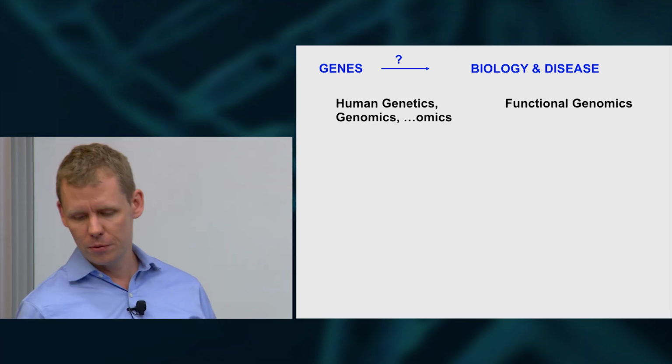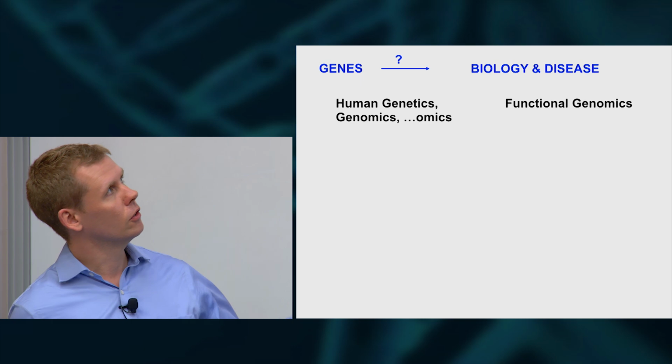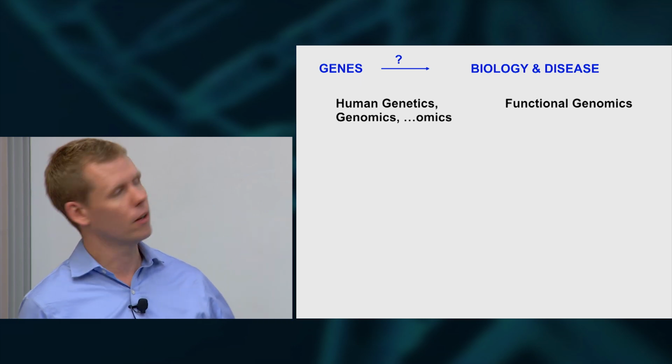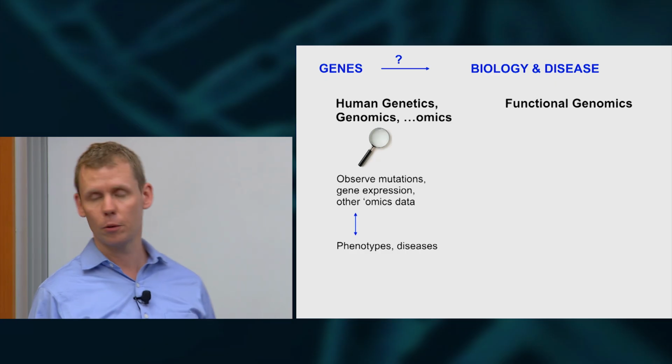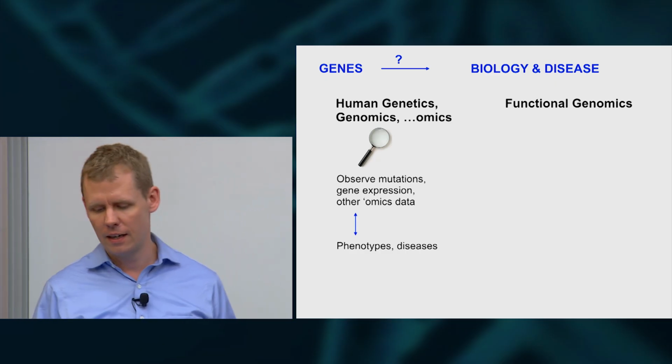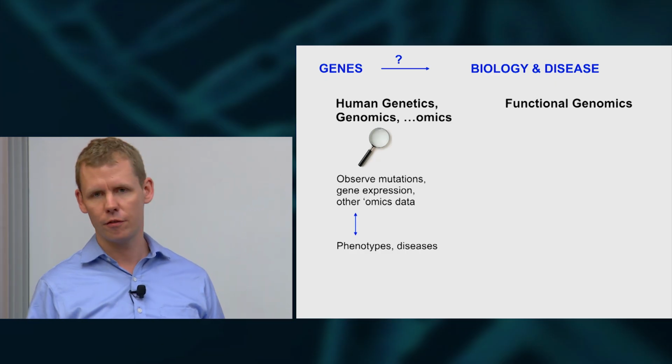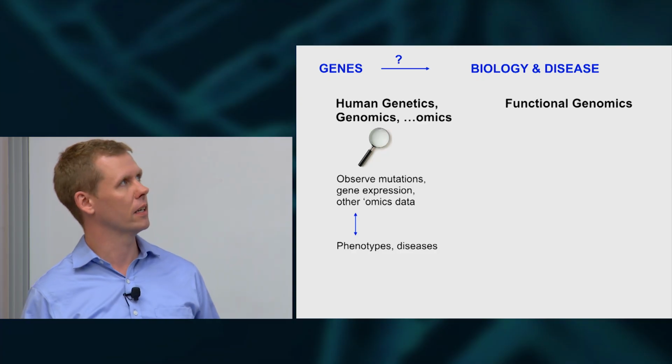We can take an observational approach, looking at human genetics and a lot of other genomics, omics tools where we can observe mutations, we can observe gene expression patterns, and correlate that with different phenotypes, diseases, developmental stages, and so on.